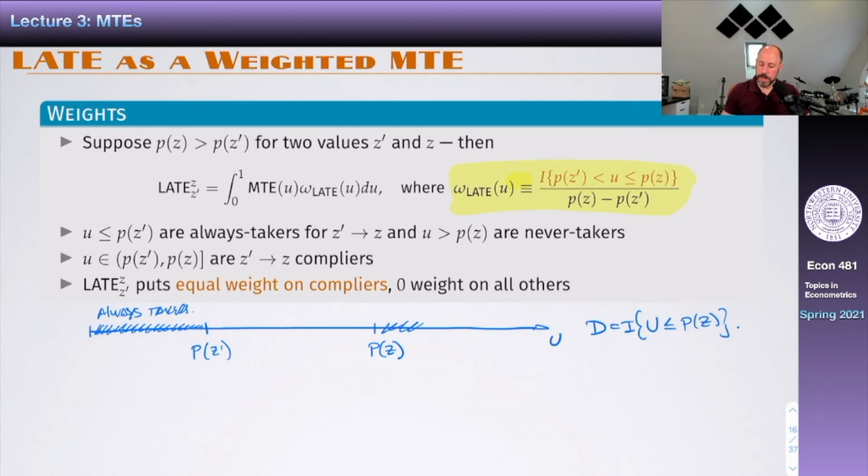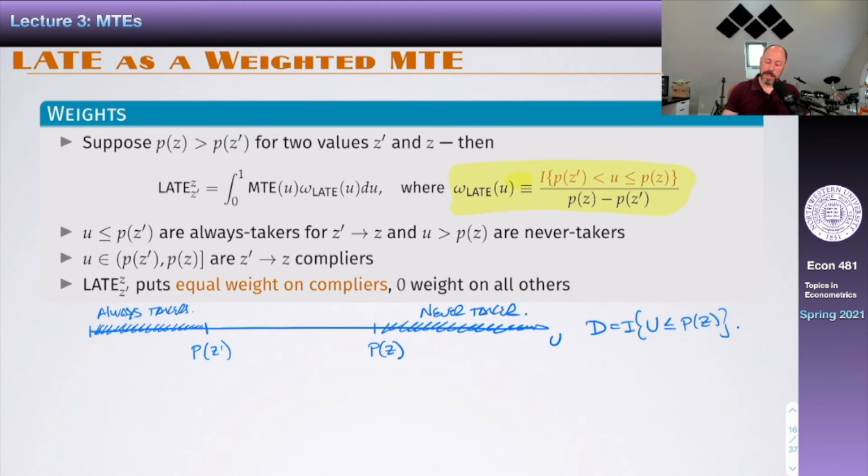Similarly, if you're on this side, you choose 0 for both. Never taker. Your U is so high, it doesn't matter what the value of the instrument is.